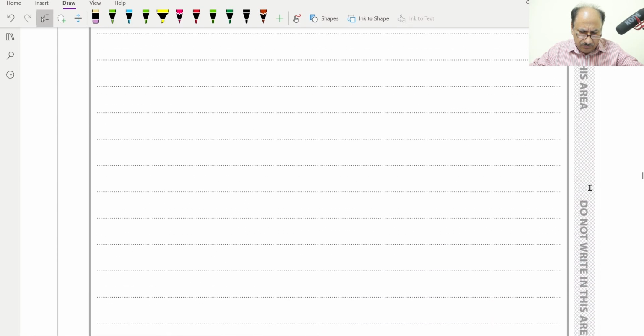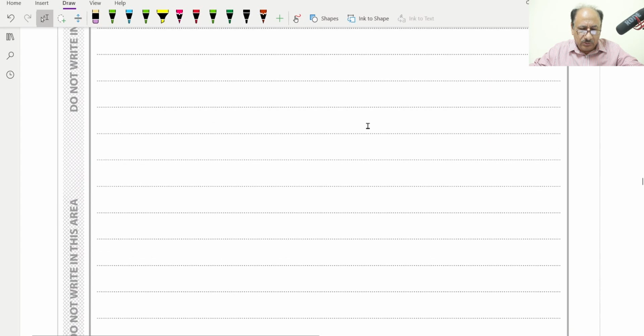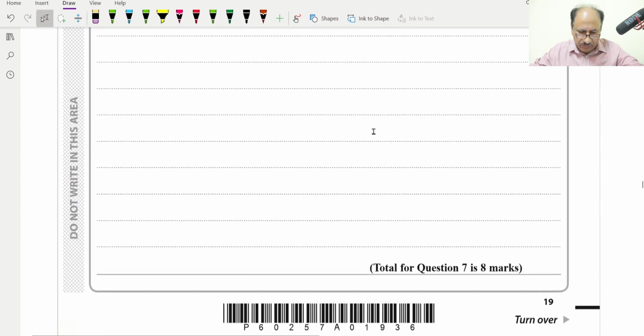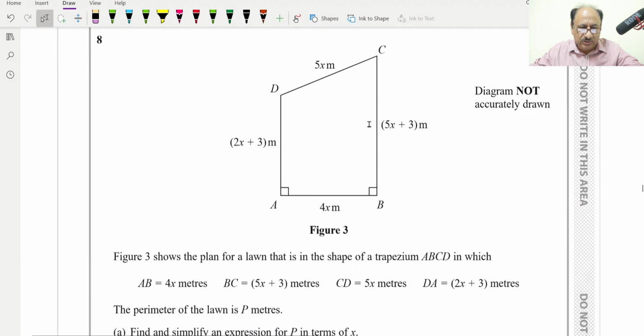Now question number 8. A lot of space has been provided for question number 7. Now this is question number 8. A diagram is provided which is not accurately drawn, and they have given the measurements, all four of them.